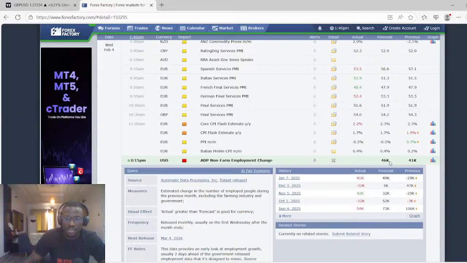So if the actual ends up being 47k or 48k or 46.6k, it means that the actual result that came out from the news is far greater than the forecast, and that would help boost the strength of the dollar.